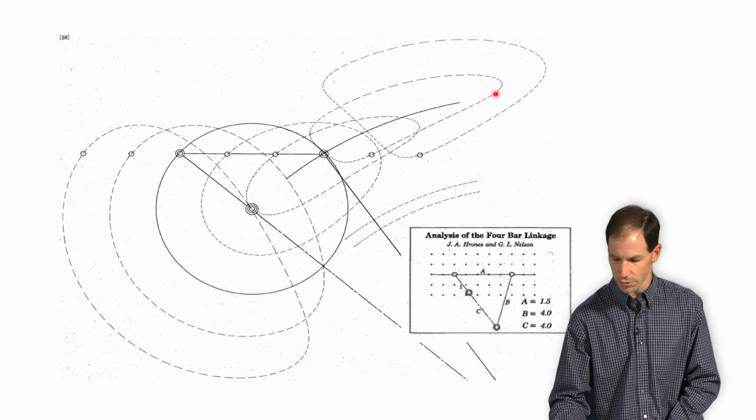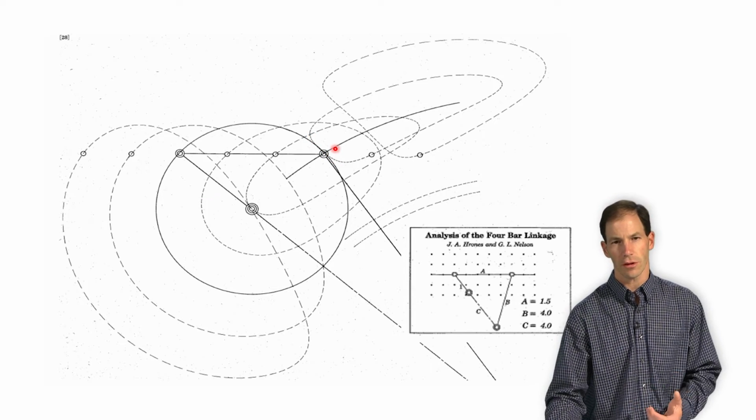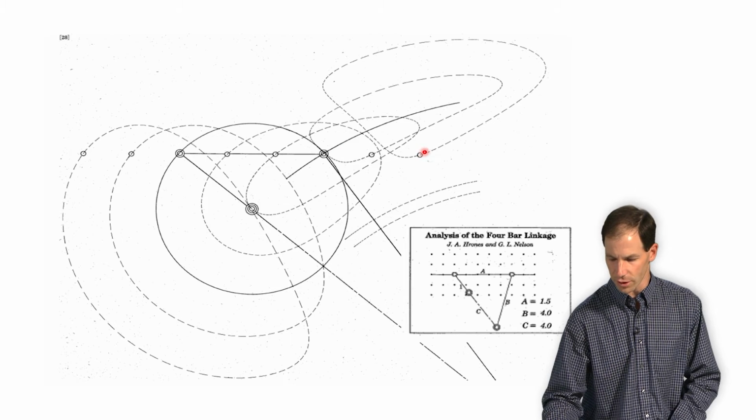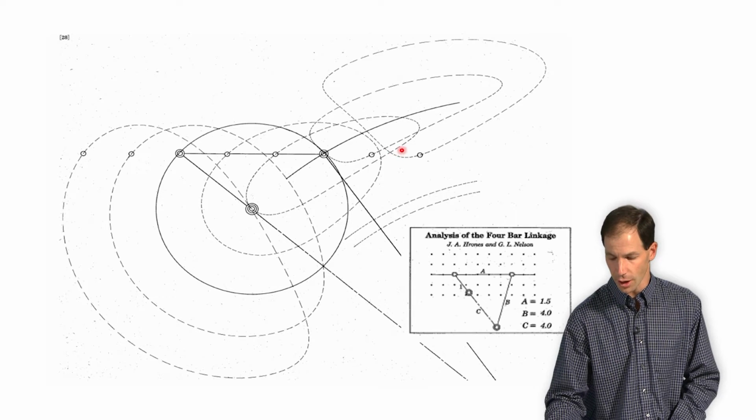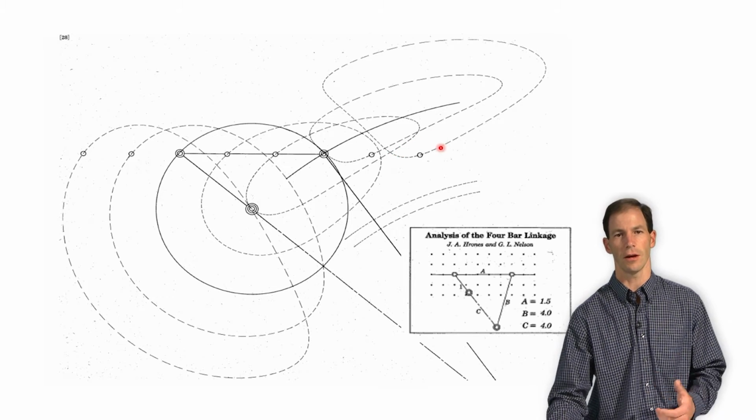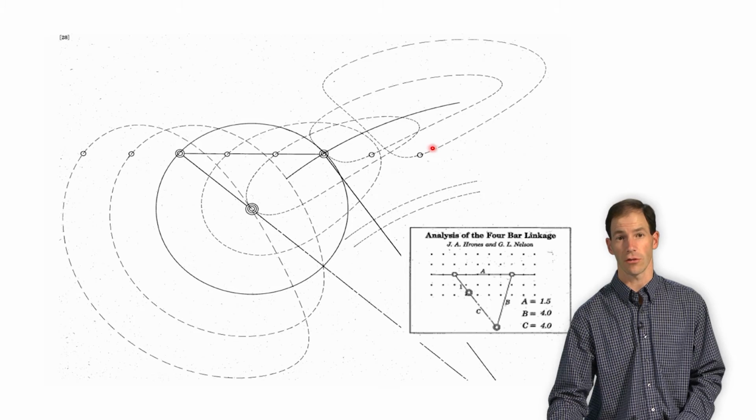So I have this approximate straight line right here, and then another approximate straight line that might be doing the dipping. And maybe this coupler curve doesn't do quite what I want, but notice that its neighbor here also has a relatively straight section, and then a straight section that would be doing the dipping into the painting. And so maybe I could create a mechanism that's somewhere in between these two.